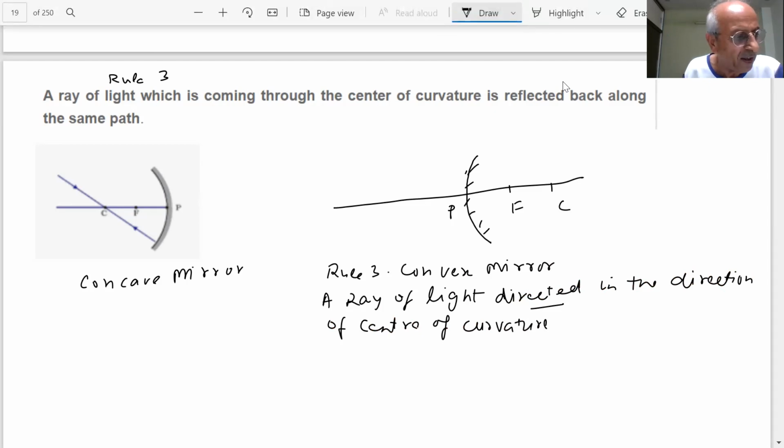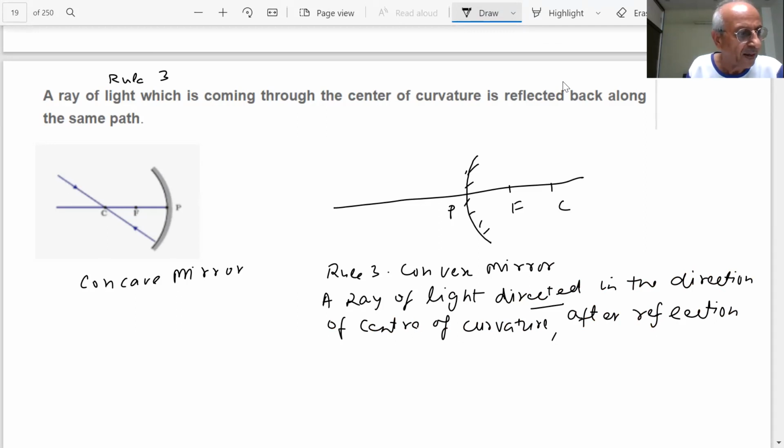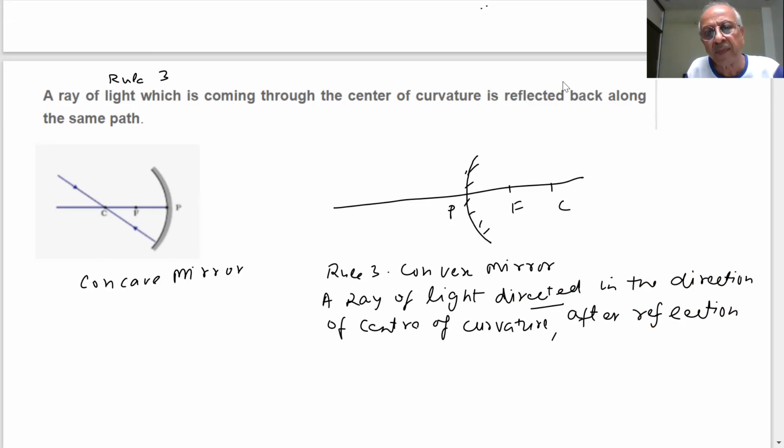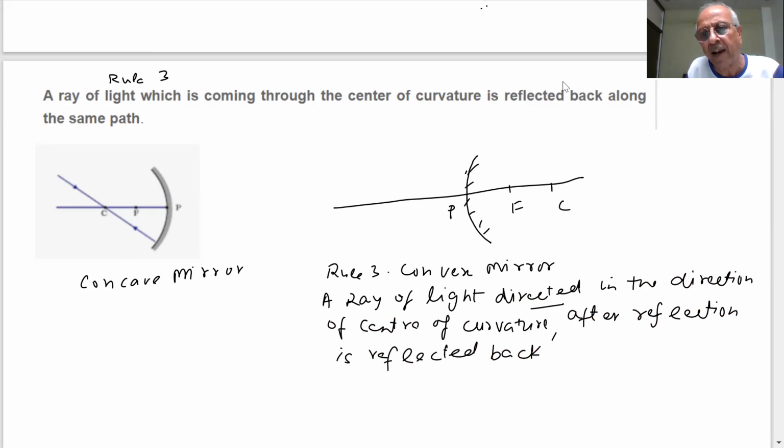After reflection, what will happen to this? Is reflected back along the same direction.